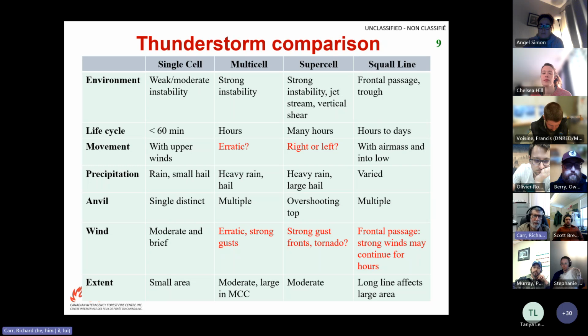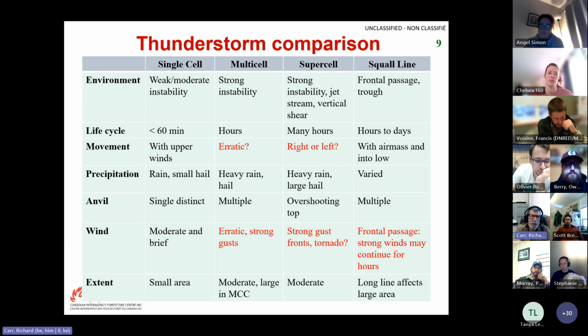Movement, usually with single cell, just kind of follows the upper wind flow, and it's always something to be aware of: if you're looking at lower clouds, the thunderstorms may not always move with the lower cloud direction. They can quite often cross, and the upper winds will be blowing from a slightly different angle.